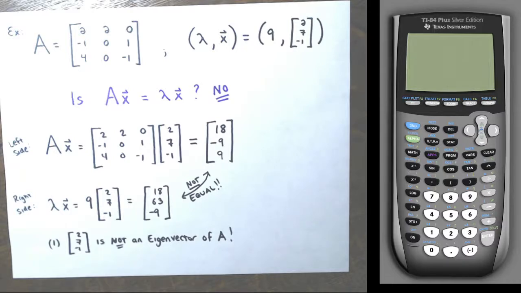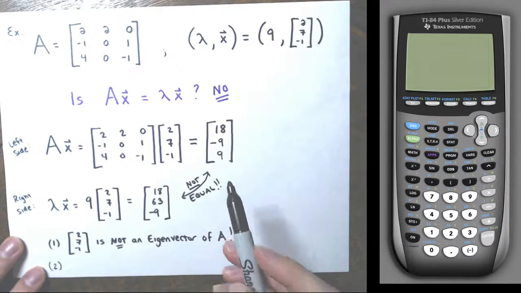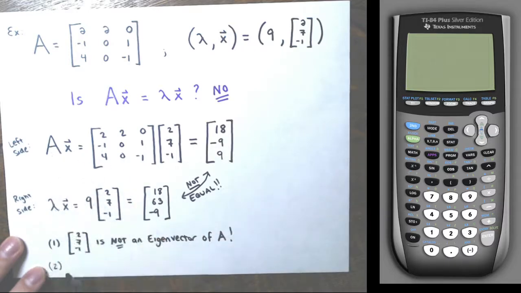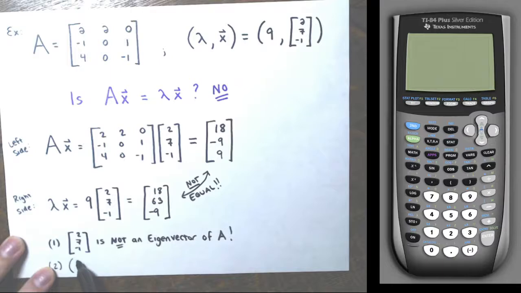Because the only way you're going to have eigenvalues is if your vector is an eigenvector, if its output is a scalar multiple of itself when you multiply by the matrix. So the only other thing I could really say is that this pair I was given, 9 and the vector 2, 7, negative 1, is not an eigenpair of matrix A.